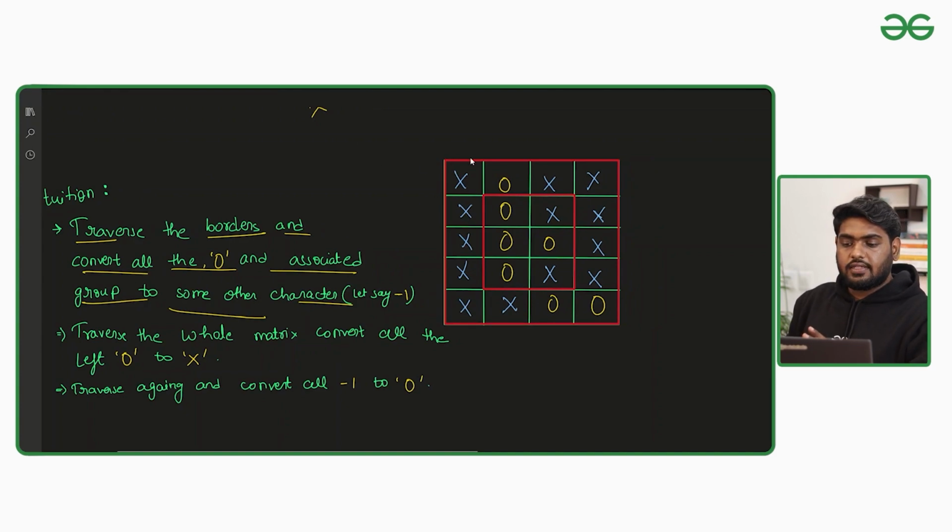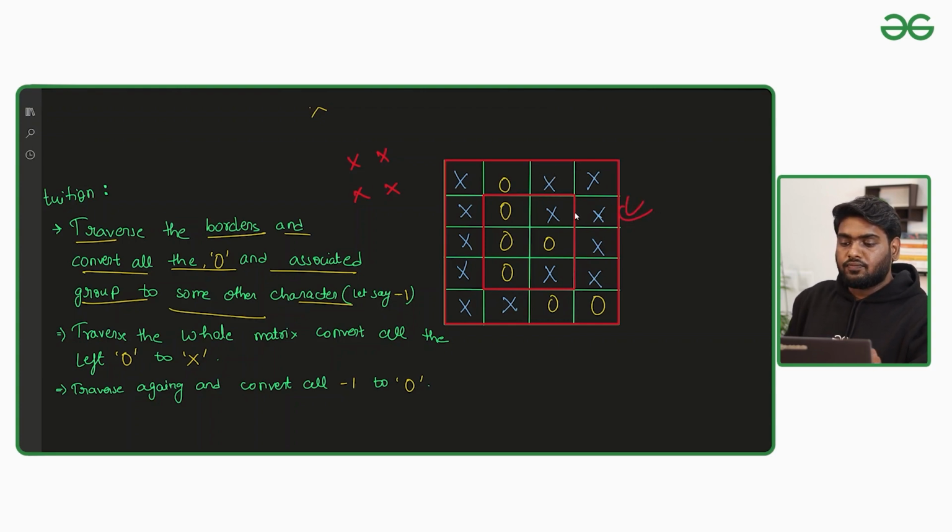If you are starting to solve this question, we need to focus on which zeros we cannot change: all the zeros which are somewhere exposed to the boundaries. Only then will it be the case that it is covered with x's from all the sides. So all the O's which are at the edge, or the set they are composing is somewhere exposed to the edge, need not be changed. So firstly, we have to take care of those.